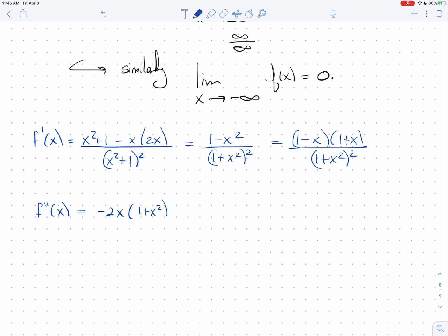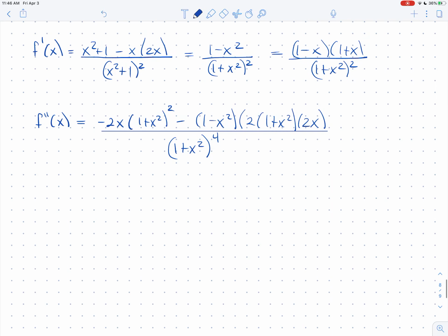So just applying the quotient rule, 1 plus x squared, squared, minus 1 minus x squared, the top, times the derivative of the bottom, which is 2 times 1 plus x squared to the 1 times the derivative of the inside, 2x, and then all over the bottom squared. So that's 1 plus x squared, squared, so to the 4th.